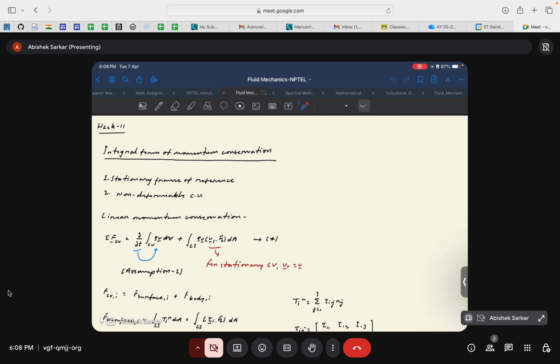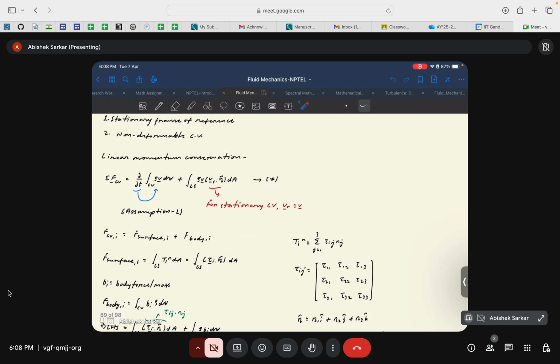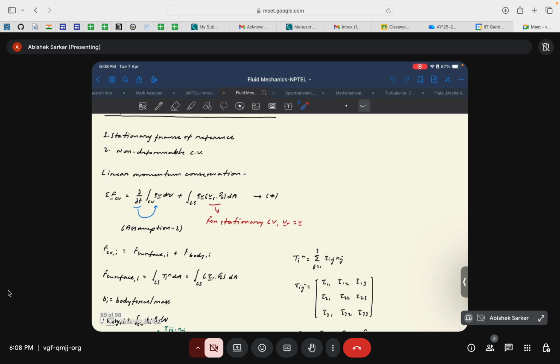As you can see, this is the linear momentum conservation equation obtained from the Reynolds transport theorem. I think it's quite straightforward. Now what we do is we try to impose two simplifying conditions or two major assumptions.